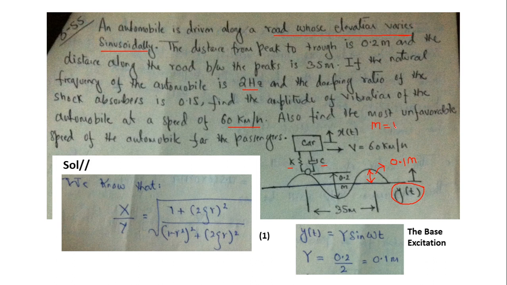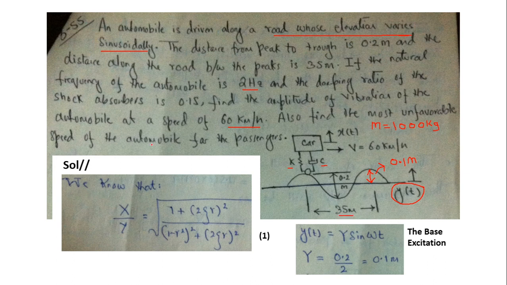It's not given, but you can assume, and we're going to make use of this later on. So the distance between two peaks of this sinusoidal variation is 35 meters.